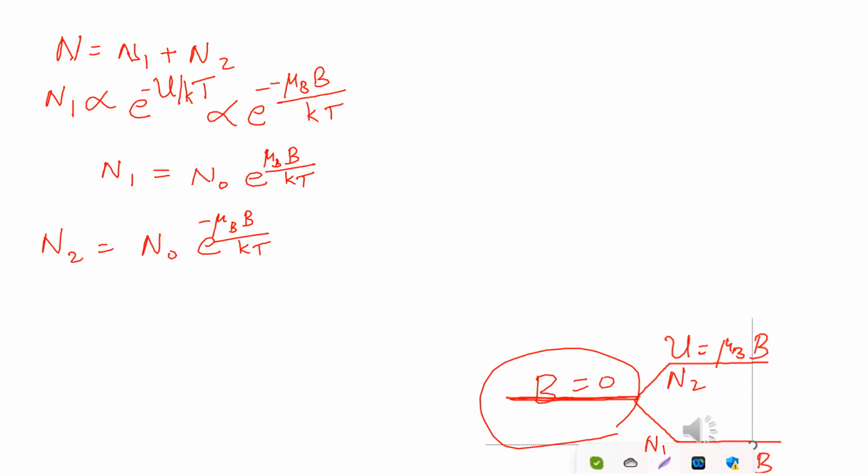Now, let us take this mu B times B divided by KT as X. Then the equation for N1 will be N0 e raised to X, and N2 will be N0 e raised to minus X. We have calculated the population in the upper and lower energy levels.